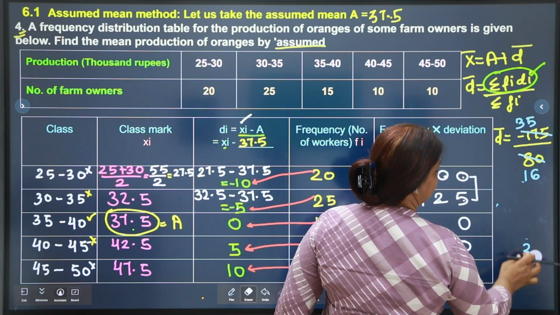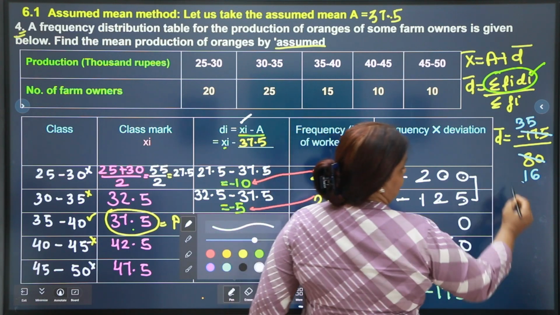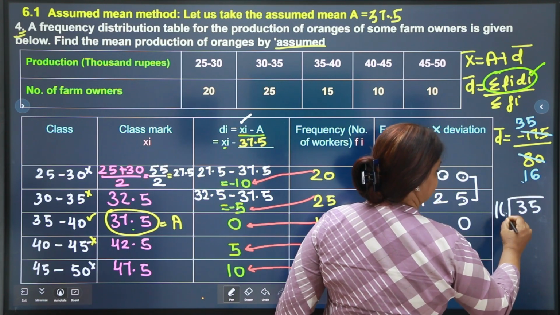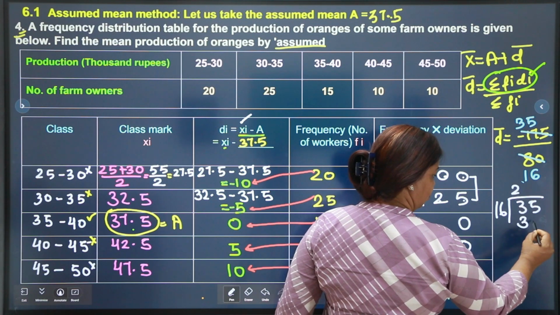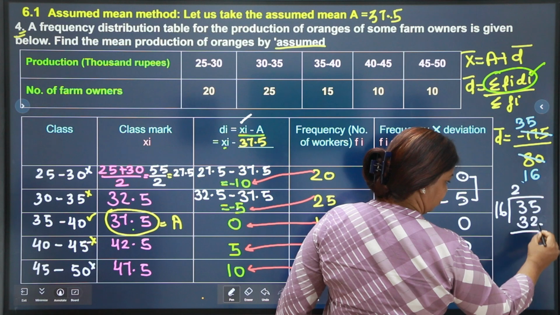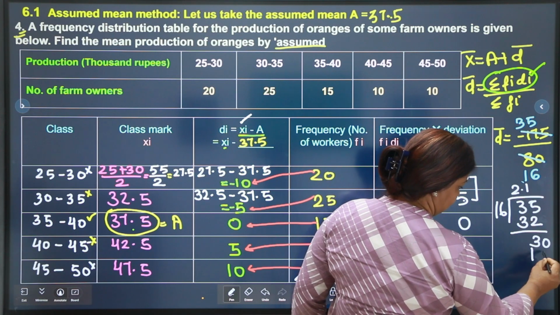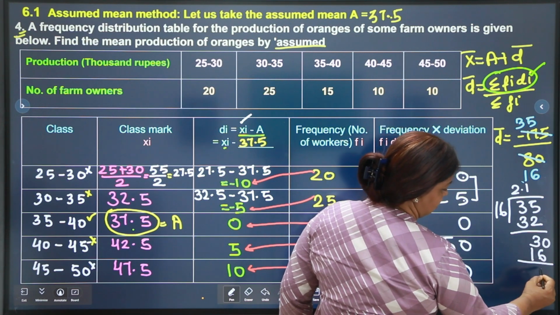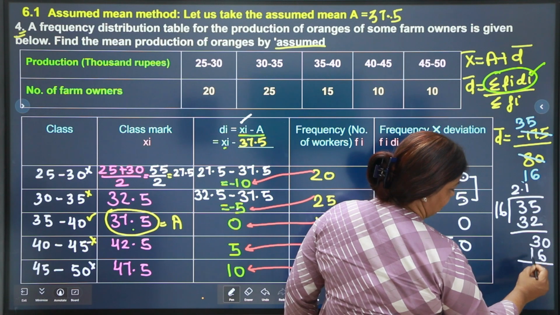Now I need to divide 35 by 16. 35 divided by 16. 16 2s are 32. 16 1s are 16. 10 minus 6 is 4. 2 minus 1 is 1.